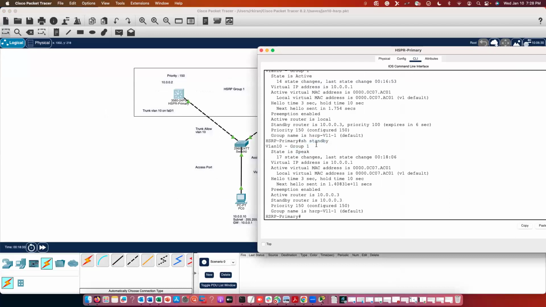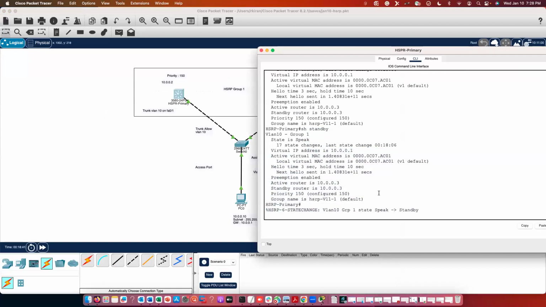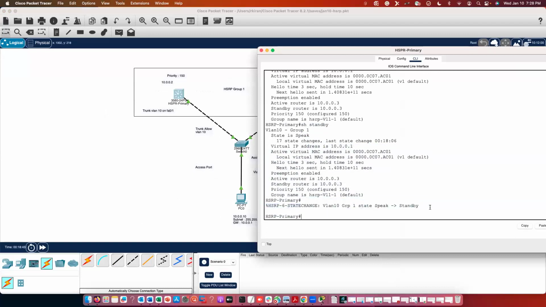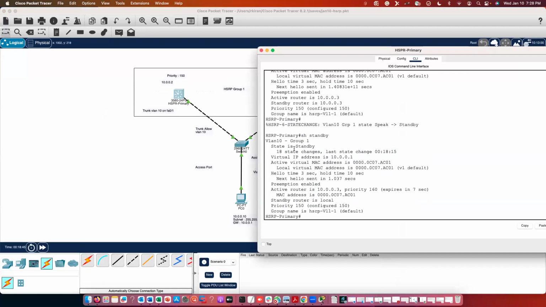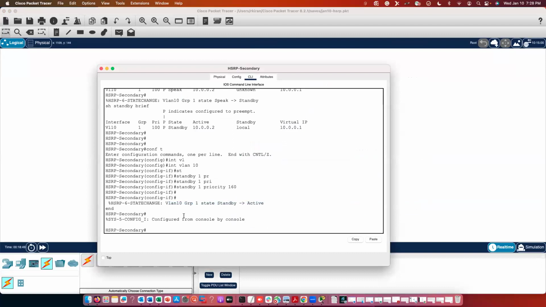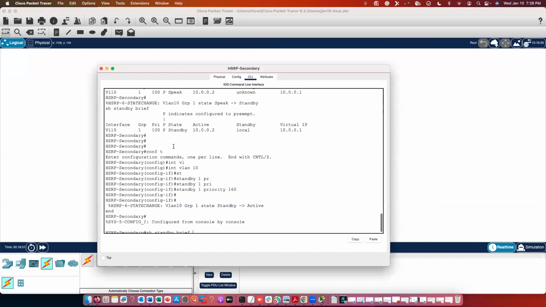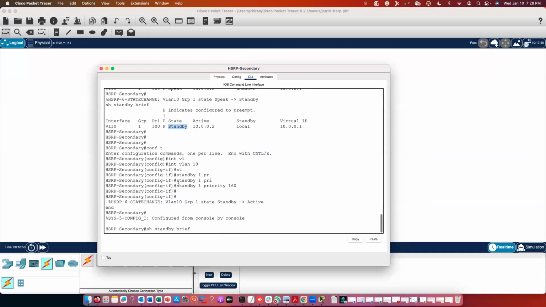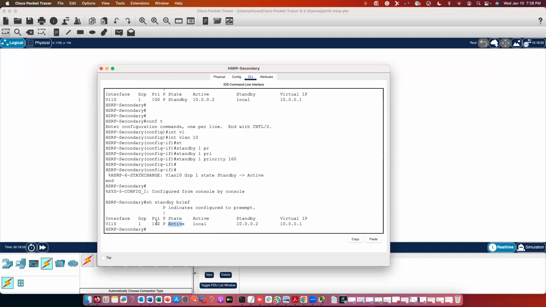It is still in speak state. Now it went to standby. So now this one should be active. Earlier it was standby, now it is active and the priority became 160.